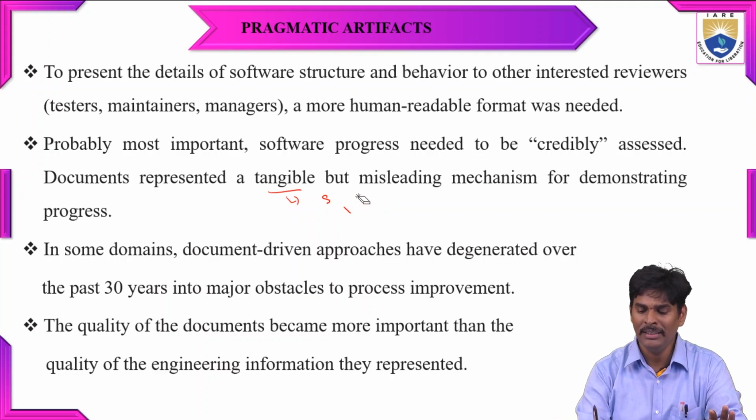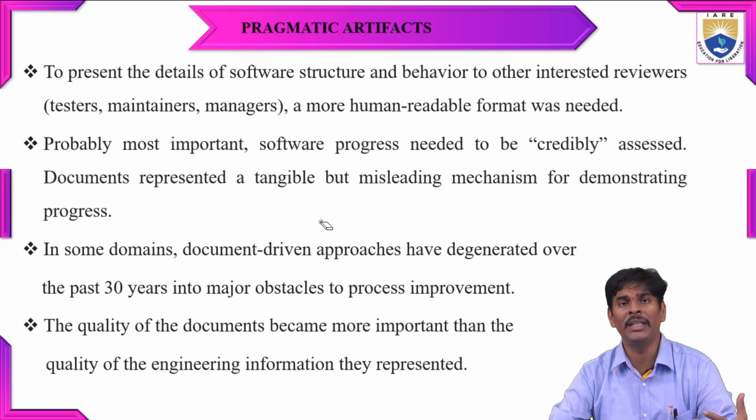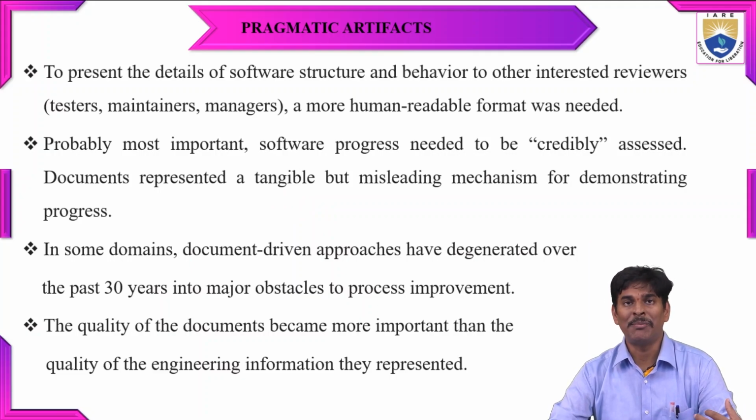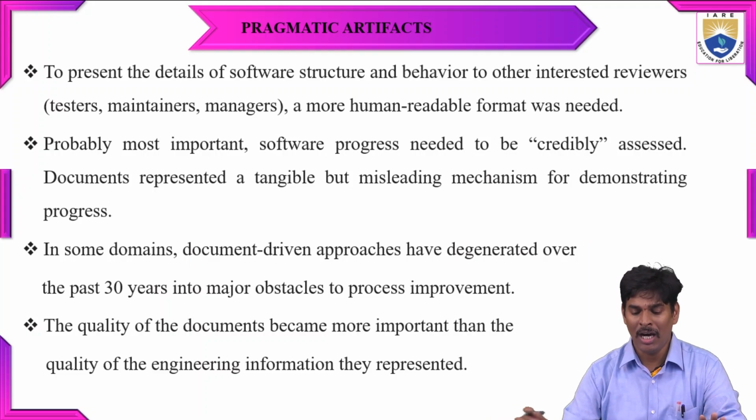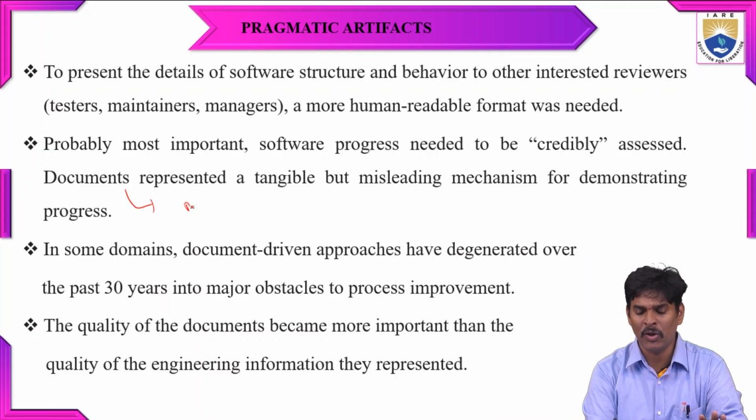In the sense that when you have paper documentation, we cannot give a clear demonstration of the work we have done. That's why we require some electronic documentation. So documentation can be in two ways: one is paper documentation and the other is electronic documentation.